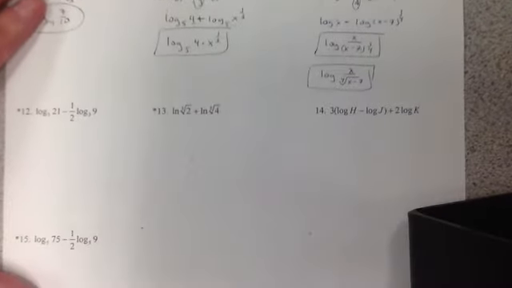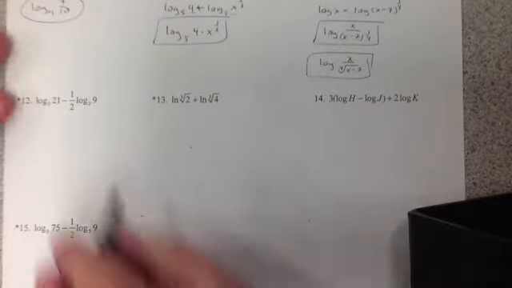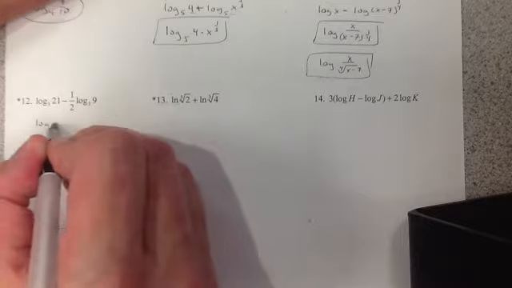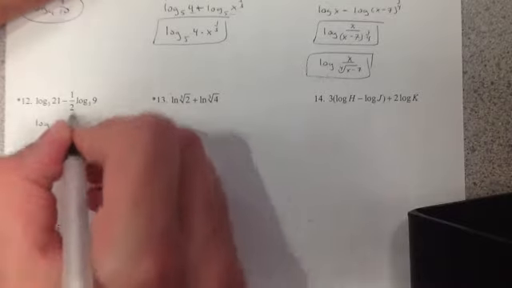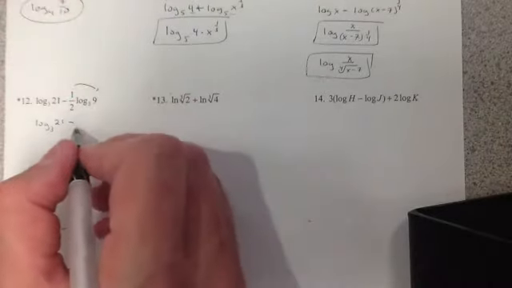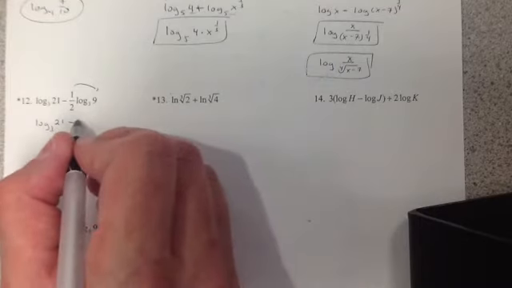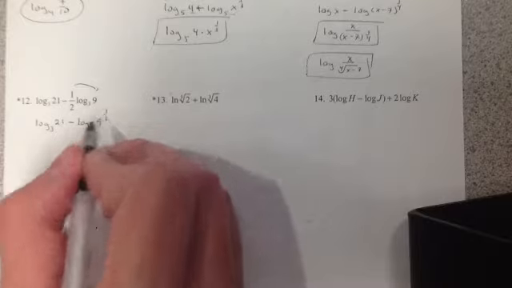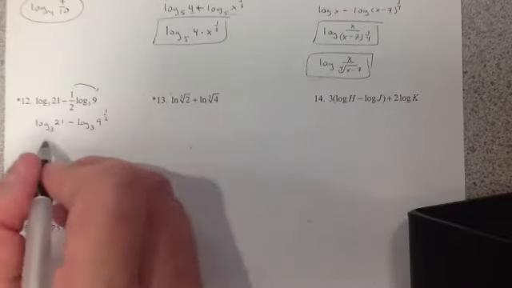So let's take a look at a few more. Now, some of these we might have to simplify a little bit. This becomes the log base 3 of 21, minus, bring the power up here, the log base 3 of 3 times 9 to the 1/2. Now, what's 9 to the 1/2? Oh, that's just 3.